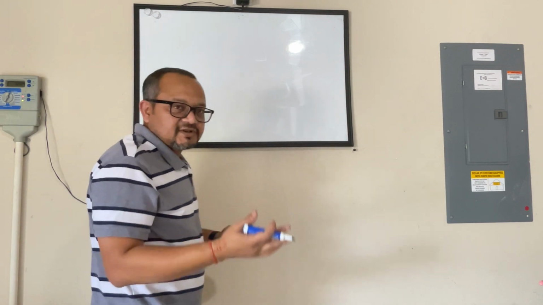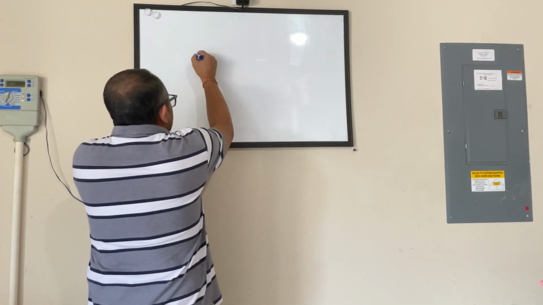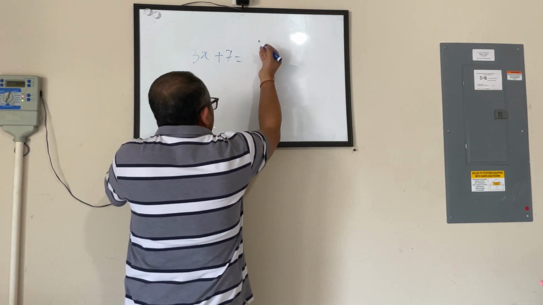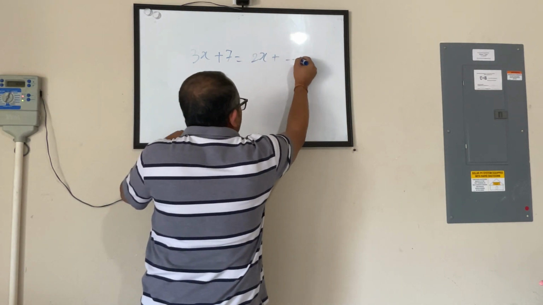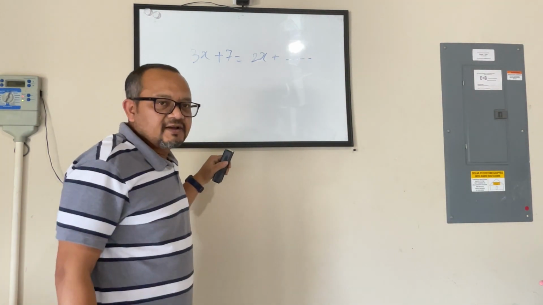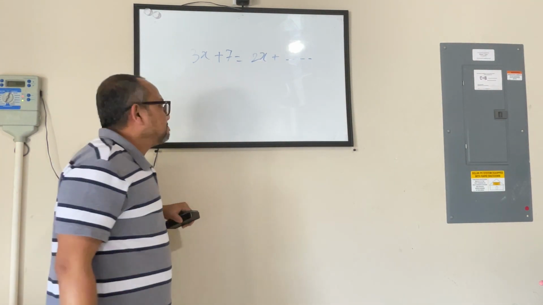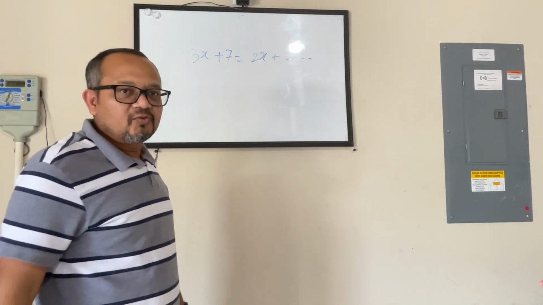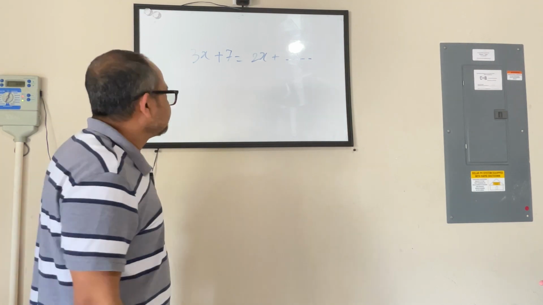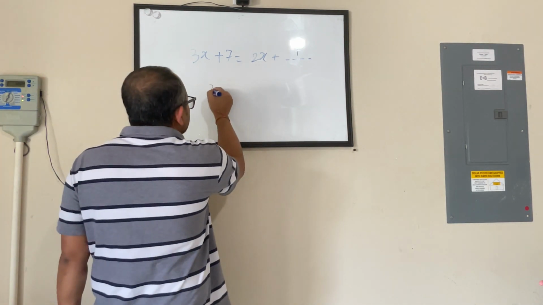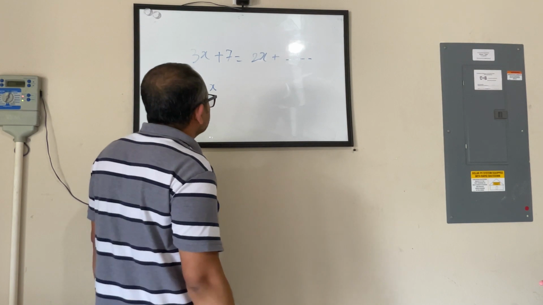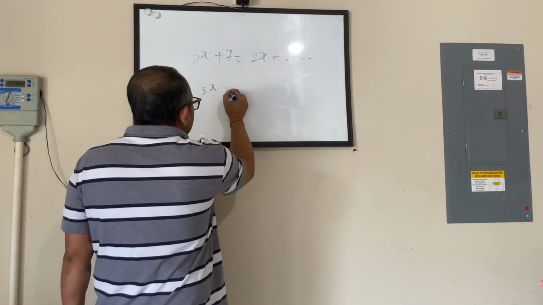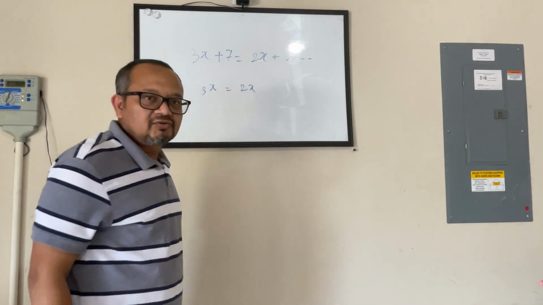Now, another situation. If I have 3x plus 7 equals to, let's say, 2x plus something, and I put a 7 here, what happens? X equals 8. So I will get 3x equal to 2x.